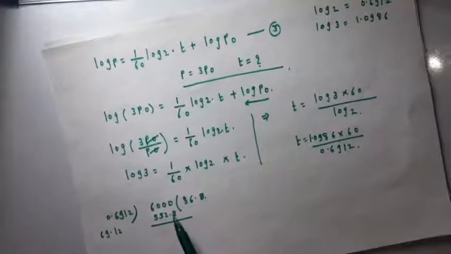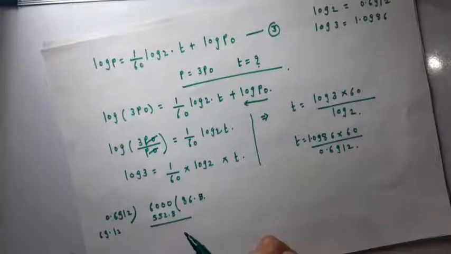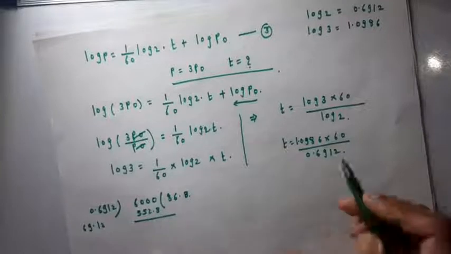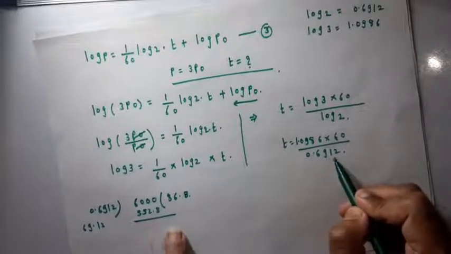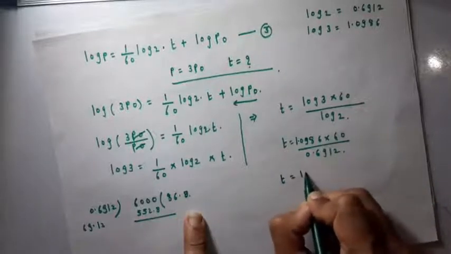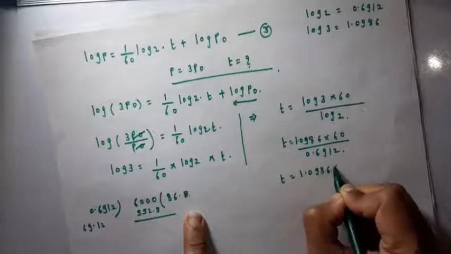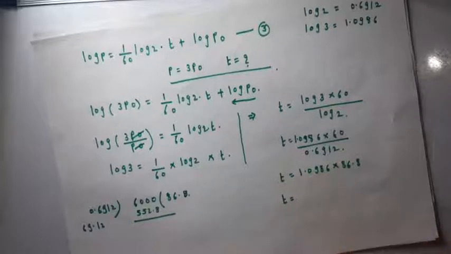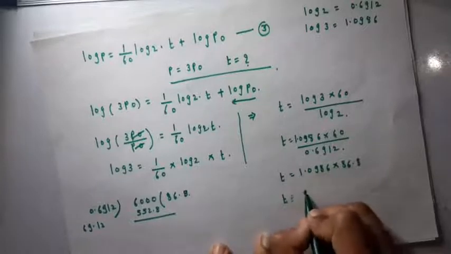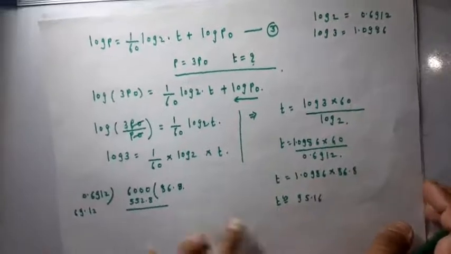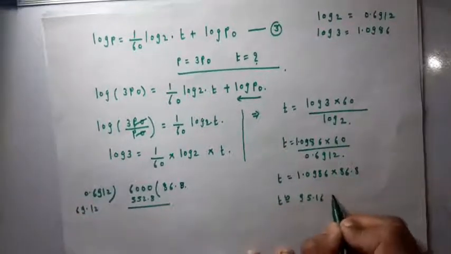In this way the division will be there. So do the calculations either by using logarithms or by using this method. So division of 60 upon 0.6912 is 86.8, and if we multiply 1.0986 into 86.8, the calculation will be t equal to 95.16. Hence, approximately the time required to triple the population will be 95.16 years.